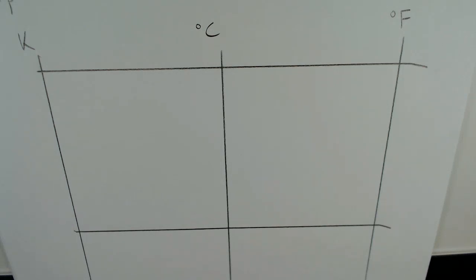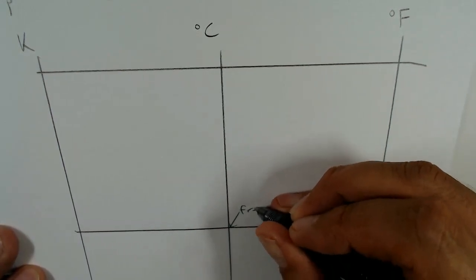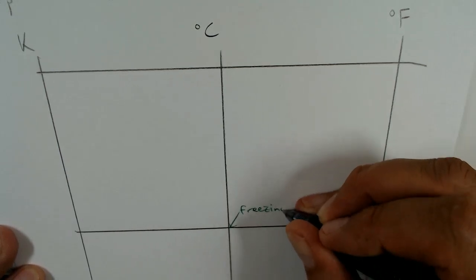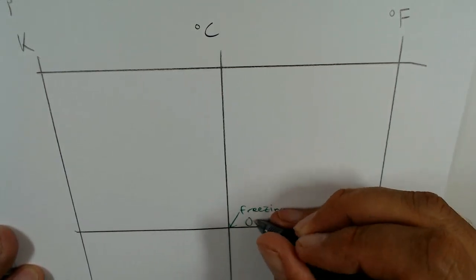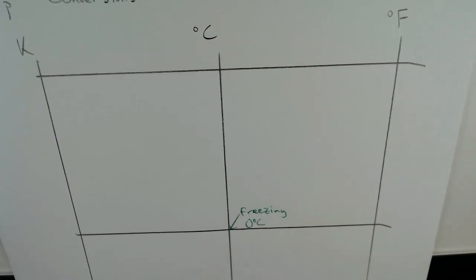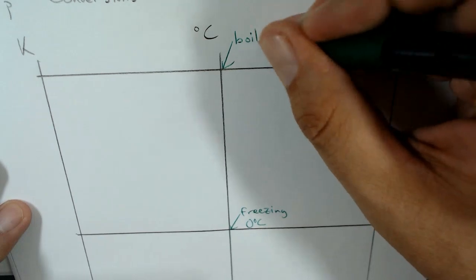So it turns out that it is 0 degrees. Let me write this in, let's use green. So here is the freezing temperature, and that is at 0 degrees C. And this one here is the boiling temperature.